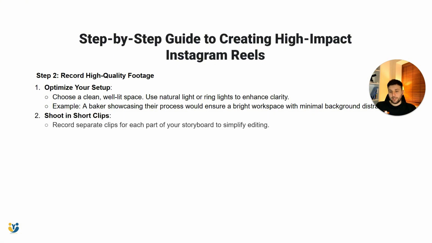Shoot in short clips. That's a very important thing. When you're creating content, you want to make sure your content is as sharp as humanly possible. And if you're shooting a 30-second video, there's no way you can be sharp throughout the entire 30 seconds.